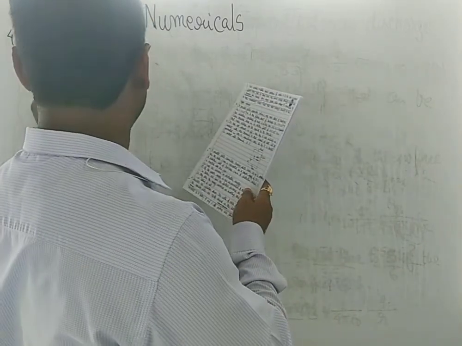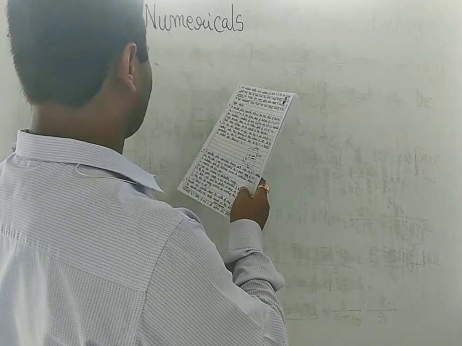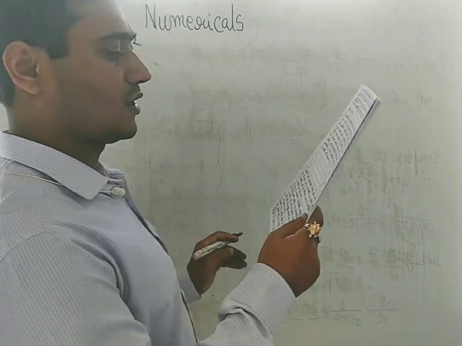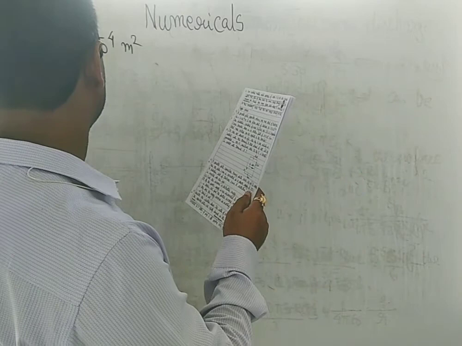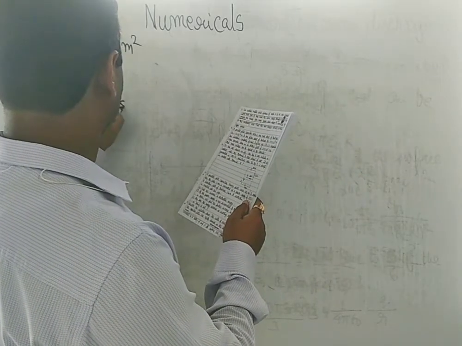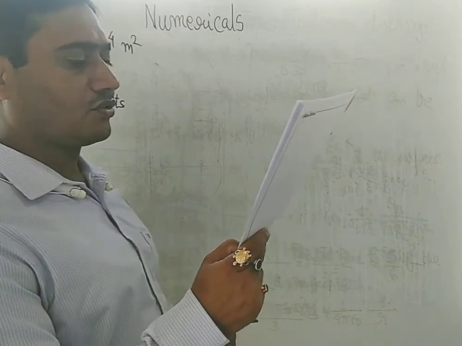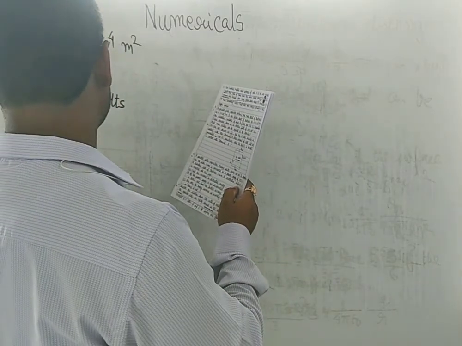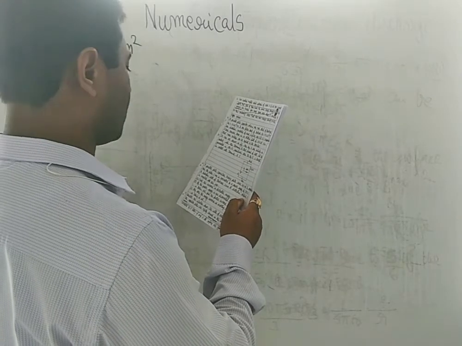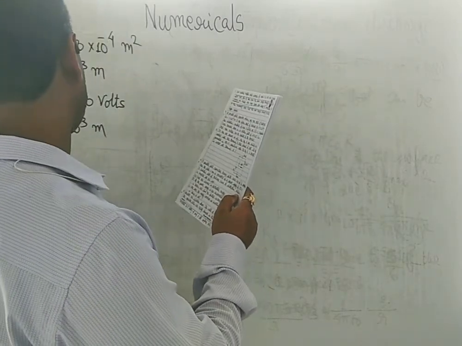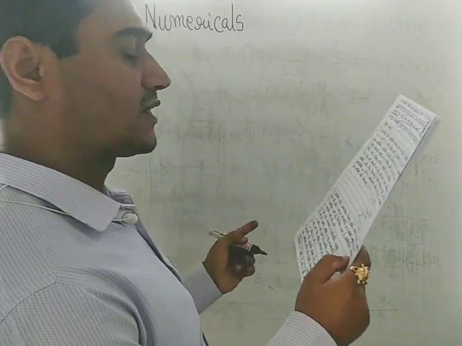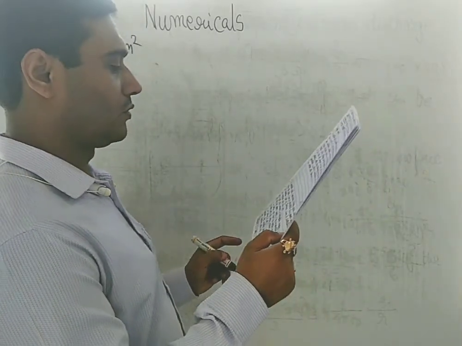Separation between the plates D equals to 1 mm, 10 power minus 3 meter, is connected to a power supply of 100 volt. A dielectric slab of thickness T equals to 1 mm, 10 power minus 3 meter, and dielectric constant K 5 is inserted into the gap.